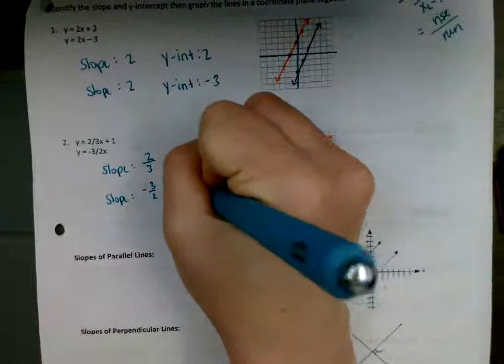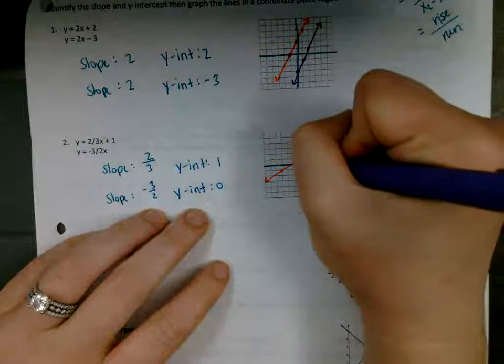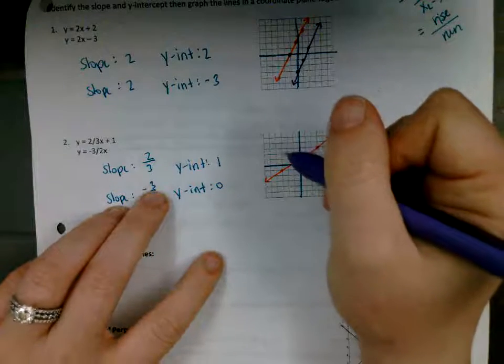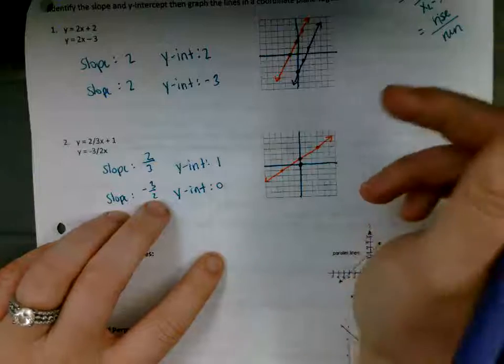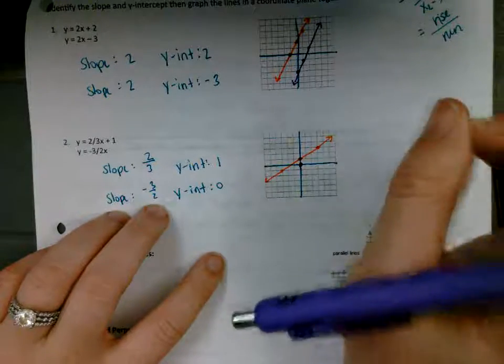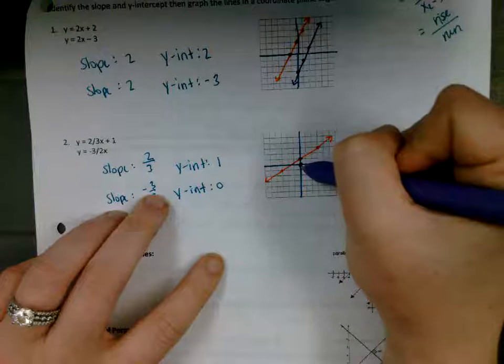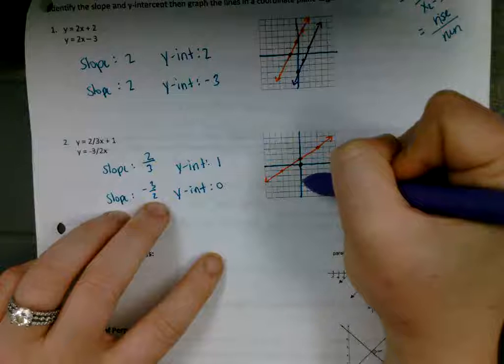Now in the second case, I have a slope of negative 3 over 2, and there is no b there, which means that it is 0. So that means I'm going to go through 0, 0, and then from that point, I'm going to go down 3, because that's the rise, negative 3, 1, 2, 3, and then right positive 2.